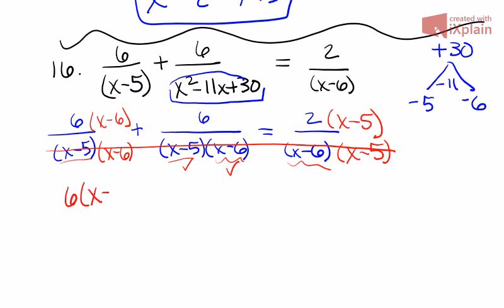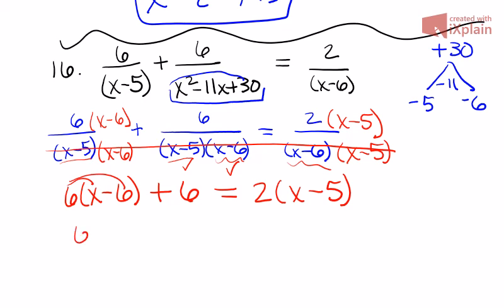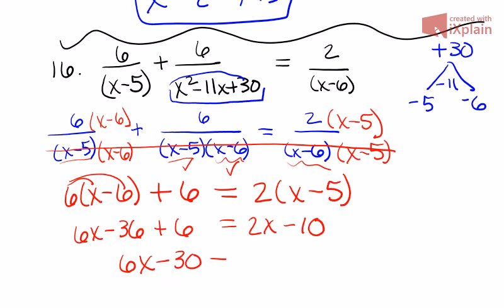So 6 times x minus 6 plus 6 equals 2 times x minus 5. To actually solve this, we are going to have to distribute. So 6x minus 36 plus 6 equals 2x minus 10. 6x minus 30 equals 2x minus 10.